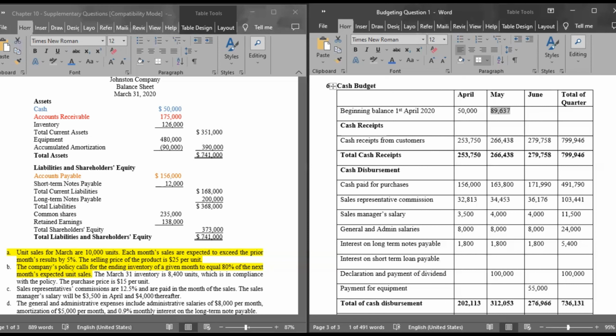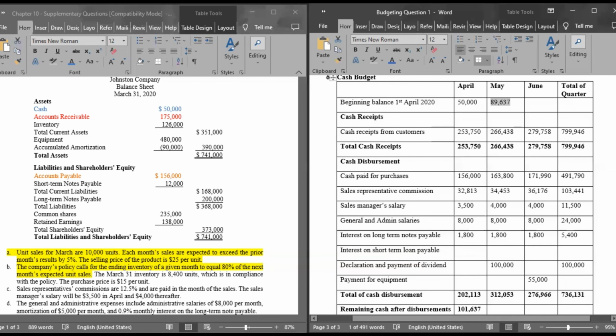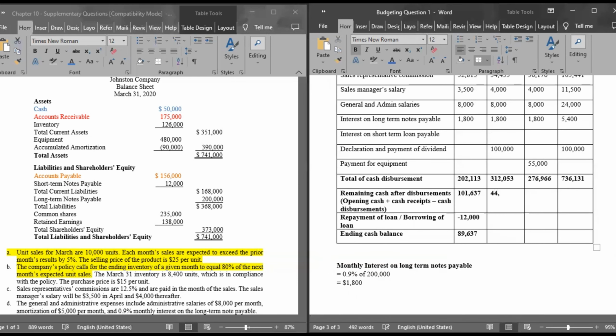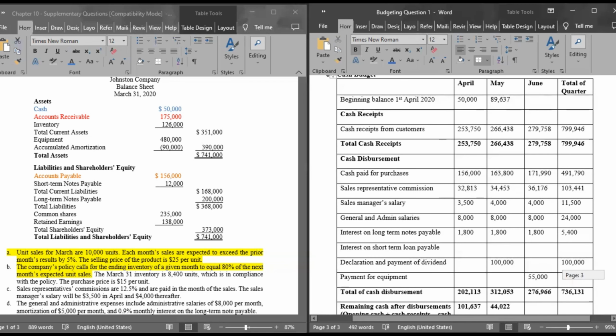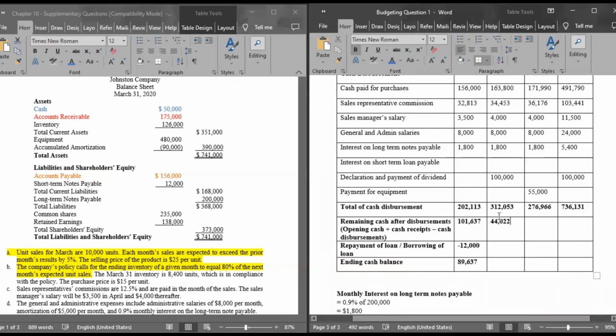So just calculate it again: 89,637 plus 266,438 minus 312,053. Yes, 44,022. Okay. So how much minimum cash do we have to maintain?